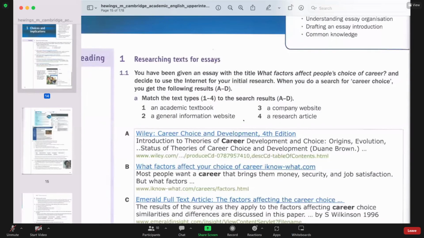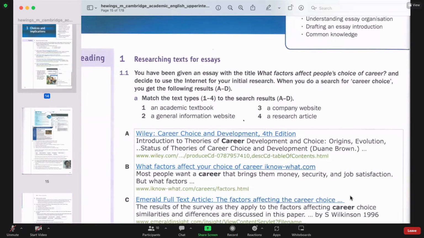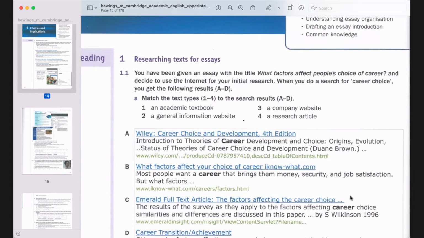So, research and texts for essay. Anyway, you'll have the research in your master's course, and there are 4 titles mentioned in exercise number 1.1.